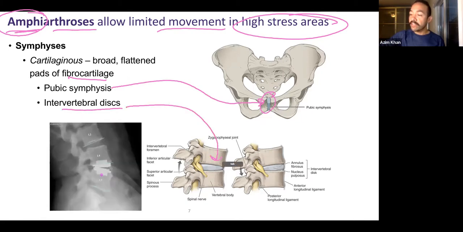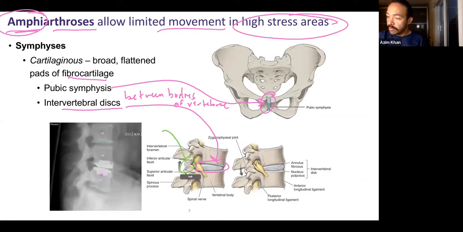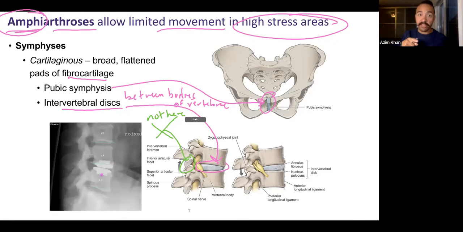The intervertebral discs are between the bodies of your vertebrae. They're not between the superior and inferior articular facets. So not here. We'll get to those later.